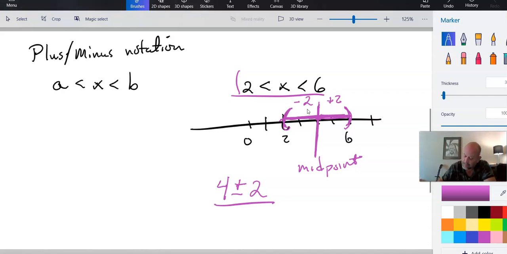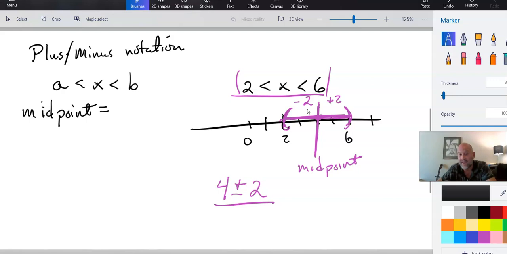Okay, now there's going to be a question here as to how to find the midpoint and how to find the distance to the edge. Now there's a few different ways of doing it, but there are formulas for it. Right? It actually turns out if you want to know the midpoint between two numbers, you average those two numbers. So between A and B, if I want the midpoint, I average the endpoints.